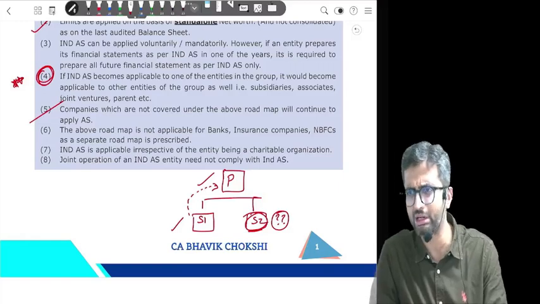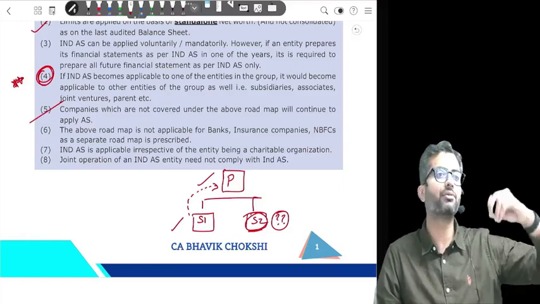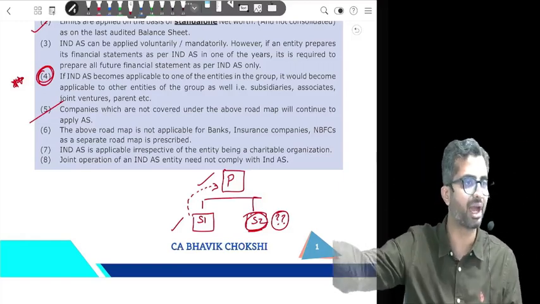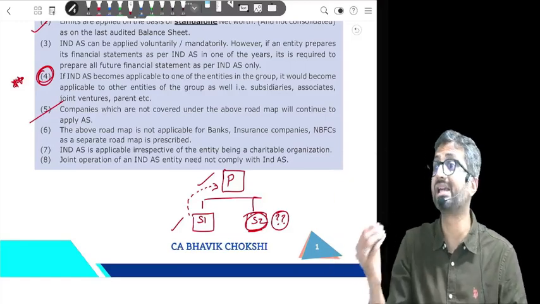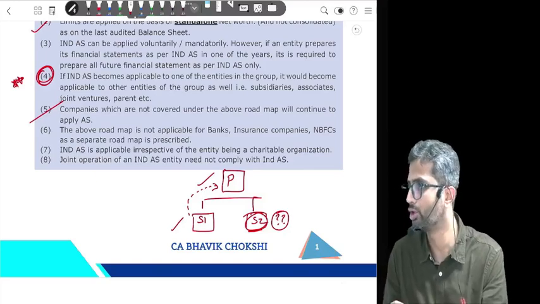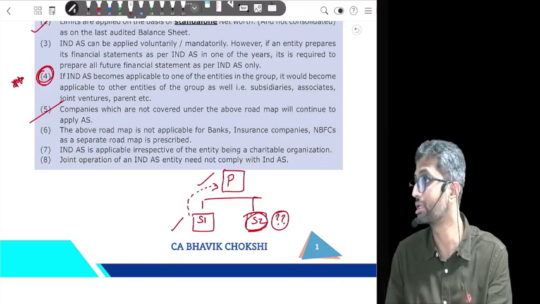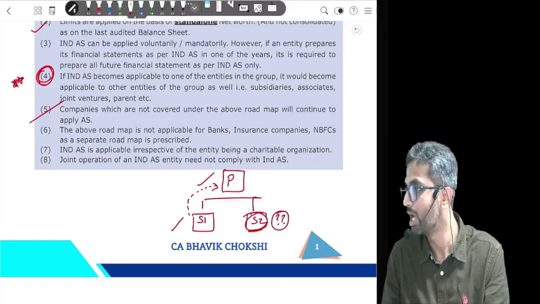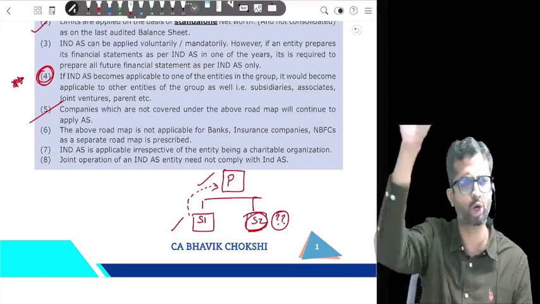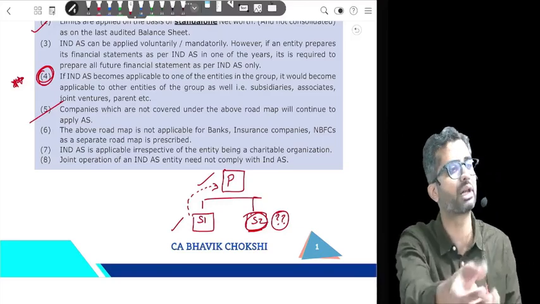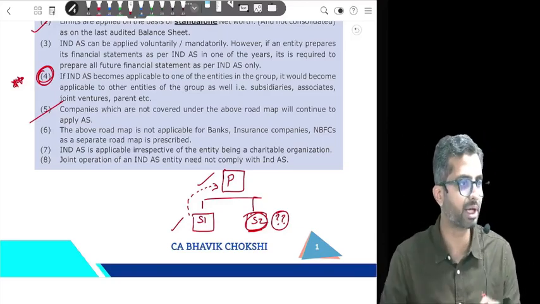So this is considering the companies in general. Now this is the applicability for a common company, let's say X Limited in the exam. But there are certain financial institutions, notably banks, insurance companies and NBFCs. For them, there is separate applicability. What we will study here and across the syllabus is largely for a regular company, X Limited, Y Limited, whatever it is.